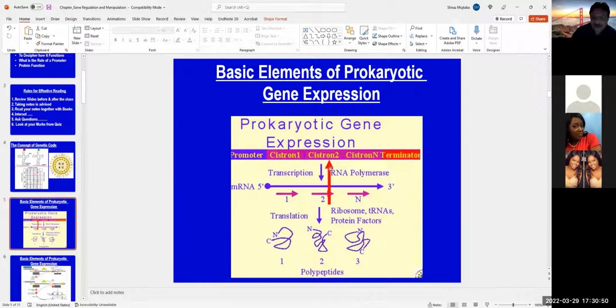So don't confuse these cistrons with exons. There are no introns in the bacterial genes which express protein. These cistrons are next to each other, but they code for different proteins, and different proteins do different functions upon translation.